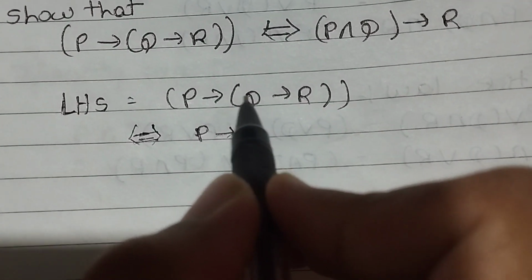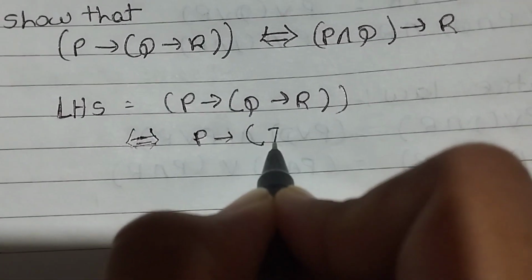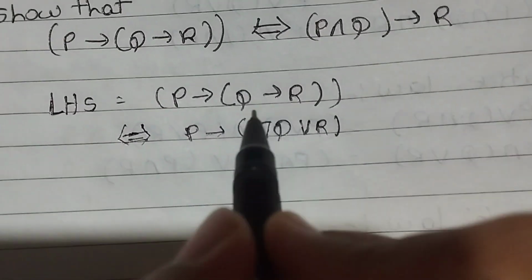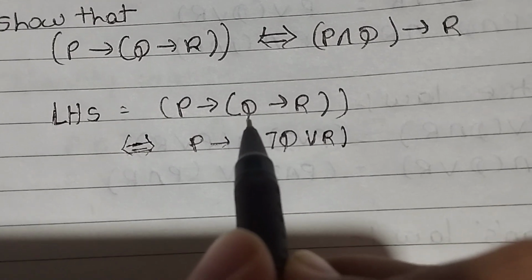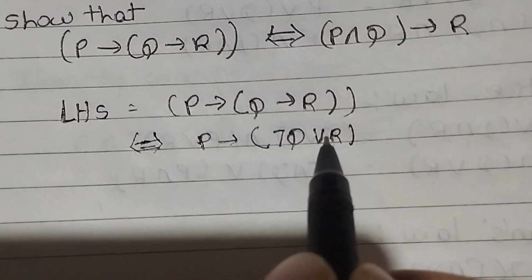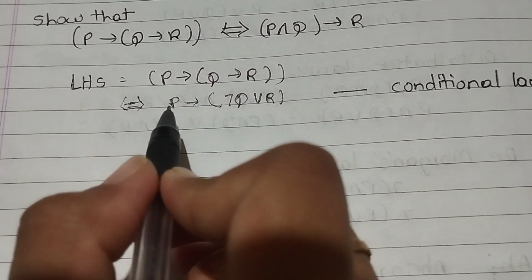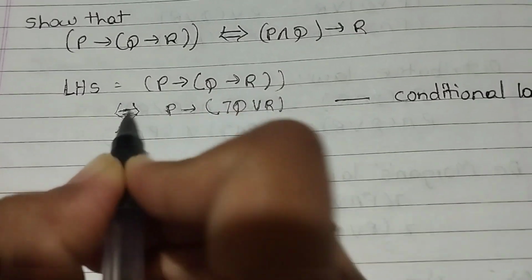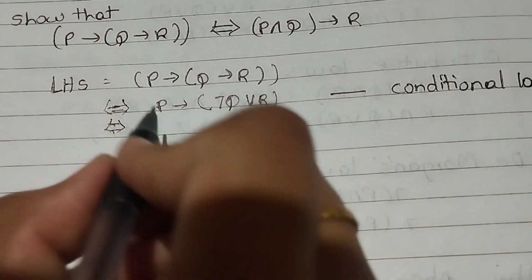Now here we use the conditional law. Q conditional R means negation Q or R, because we know the conditional law is negation of the first variable or the second variable as it is. This is the conditional law. So first we use the conditional law.